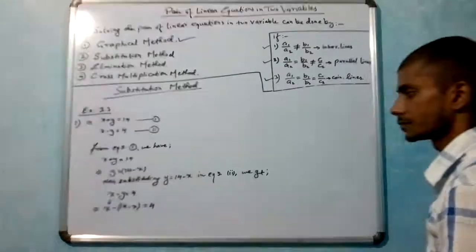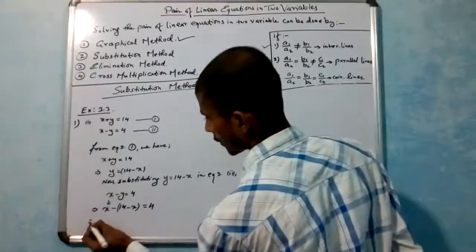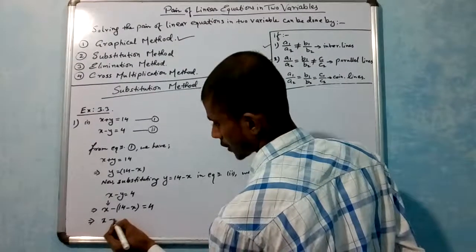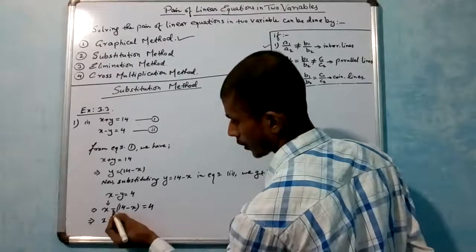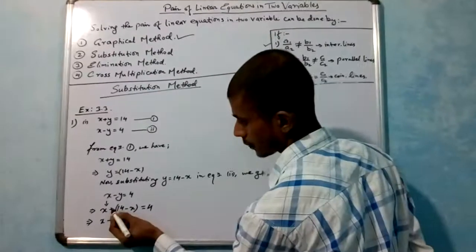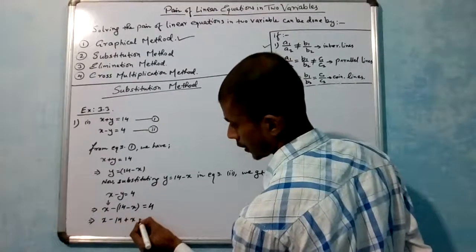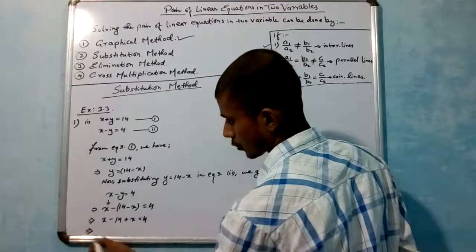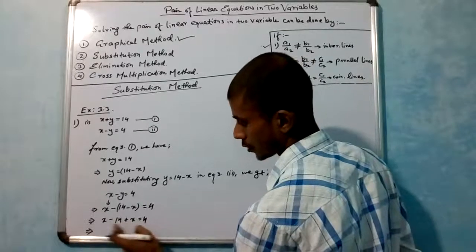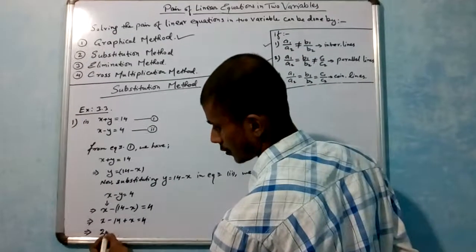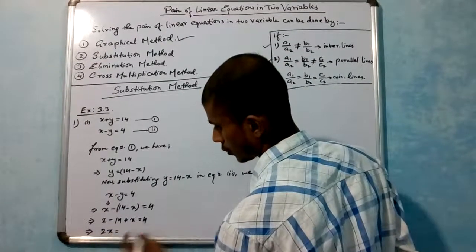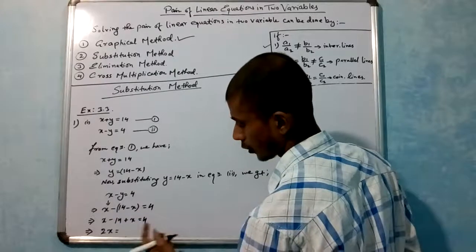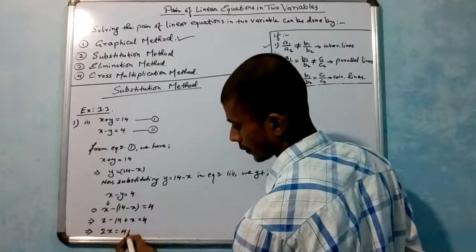Then now we will try to simplify this. So x minus 14, when you will open the bracket, minus 14, and this minus will become plus, minus into minus plus, so plus x is equal to 4. Okay. Next what? X plus x, how much? 2x. So 2x is equal to 4 and 14 will come this side. 4 plus 14.